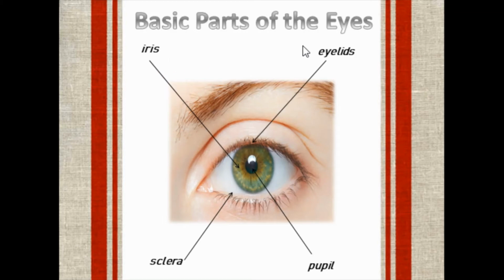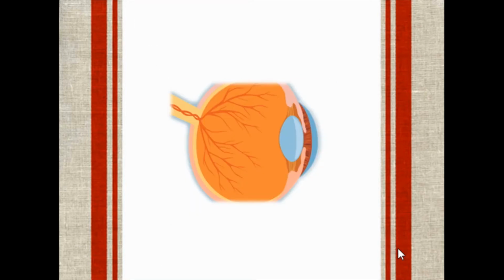Alright, so these are the four basic parts of our eyes, basically found in the middle to outer layer of our eyes. We also have two important parts inside our inner layer. We have the yellow one, we call the, good job, it's the retina, and the nerves over here, which we call optic nerves.